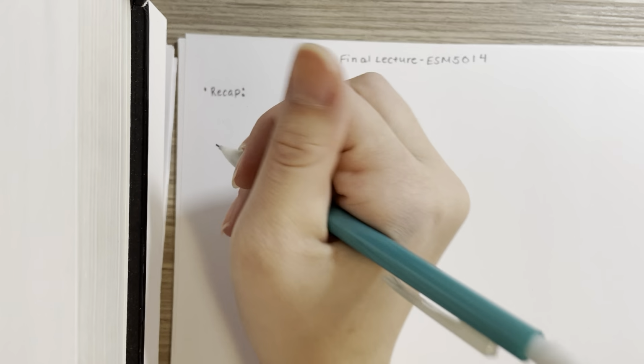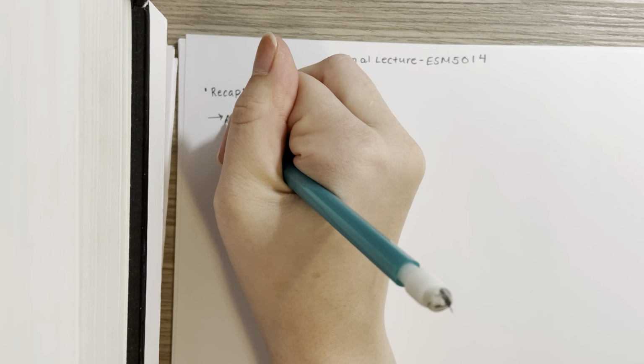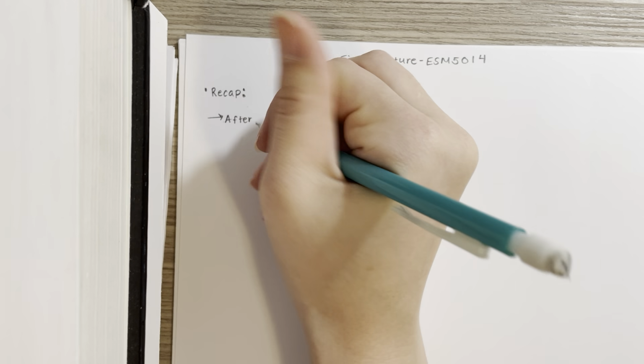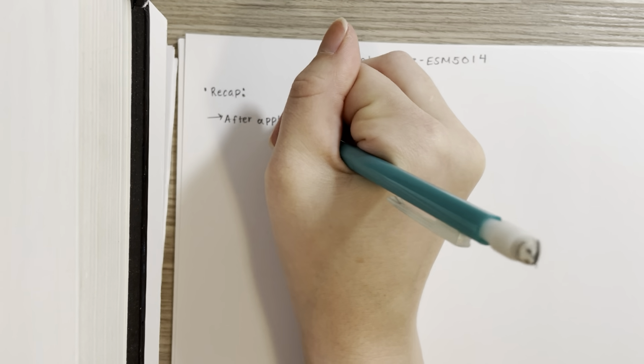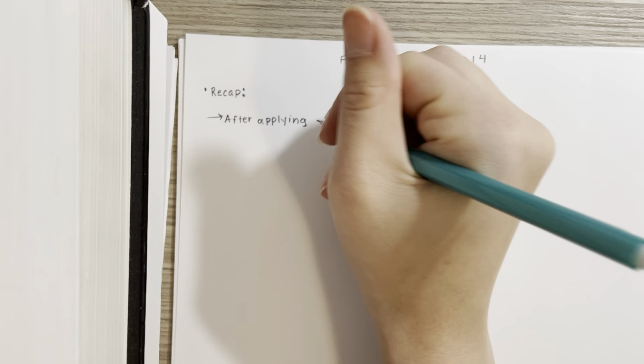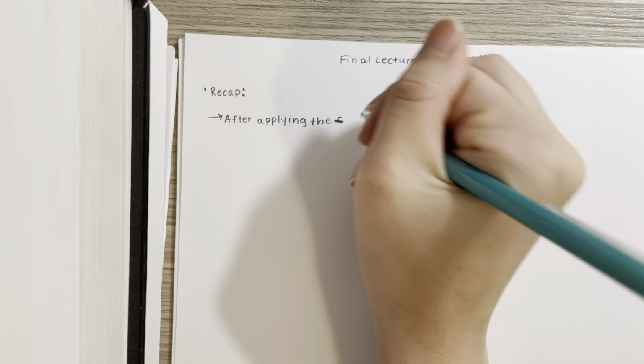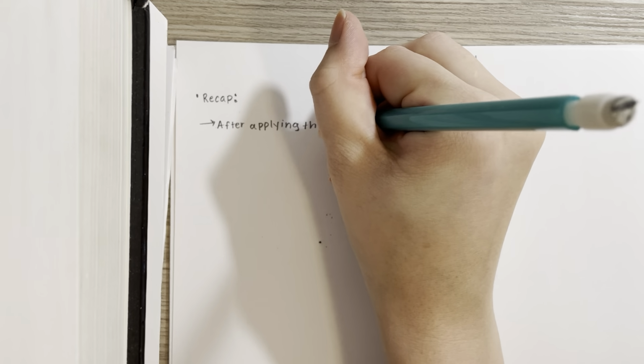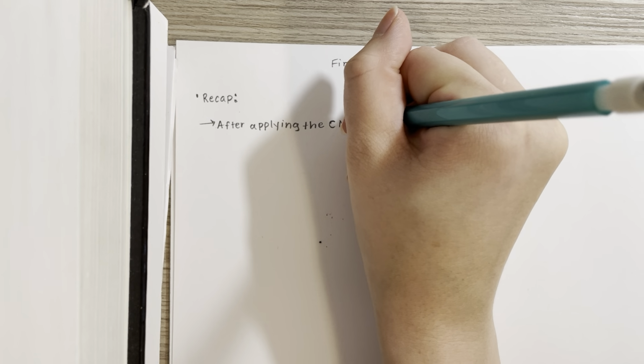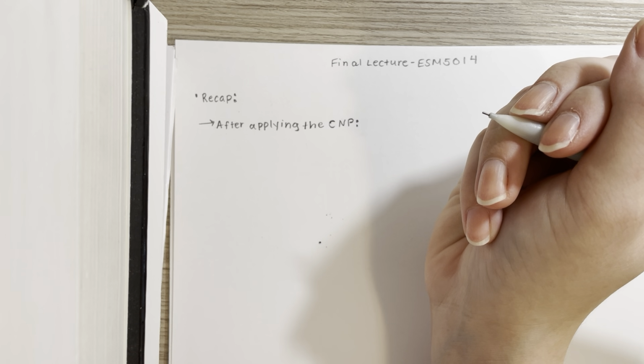To start off with our recap, we found that after applying the Coleman-Noll procedure that we denoted C and P, we found two constitutive relationships.